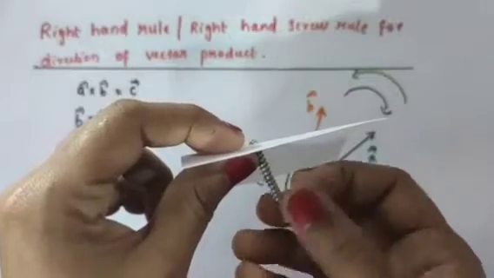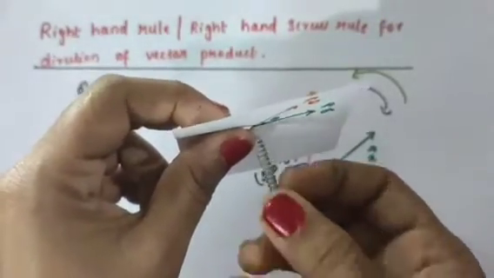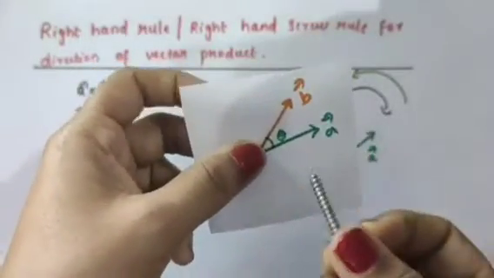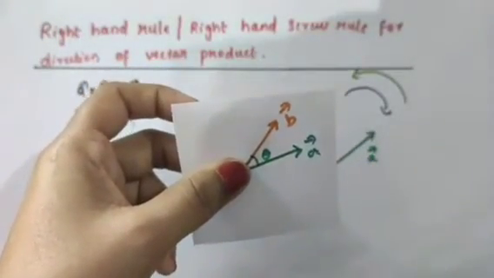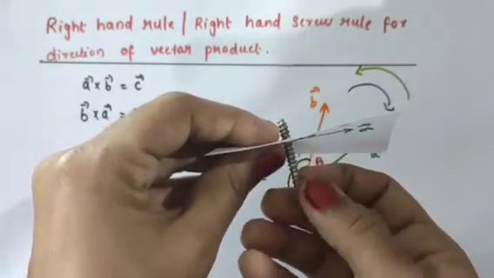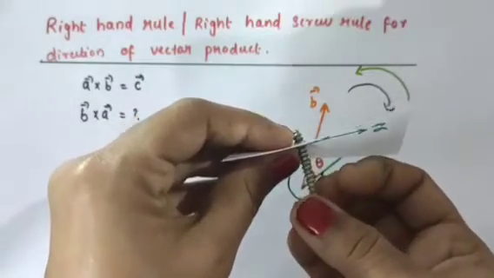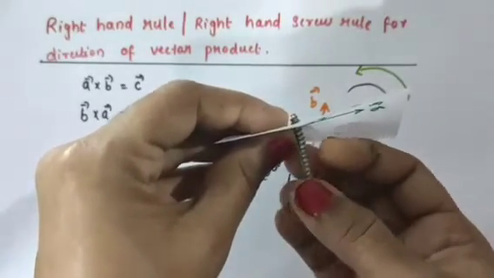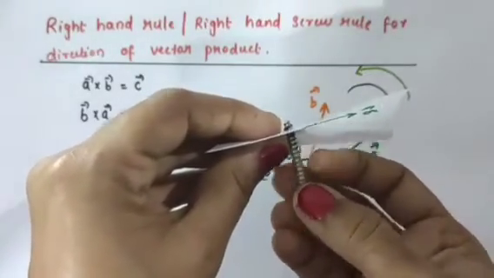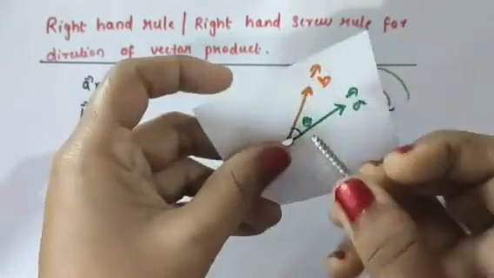No, so when I was doing initially also, you have observed that my thumb was out of the plane. Here also by the screw rule it is very clear. When I'm considering A cross B vector, when I'm moving in the anti-clockwise direction, it came out of the plane. So again I'm going to fix this screw here. Just observe whether the tip will be inside the plane or outside the plane.